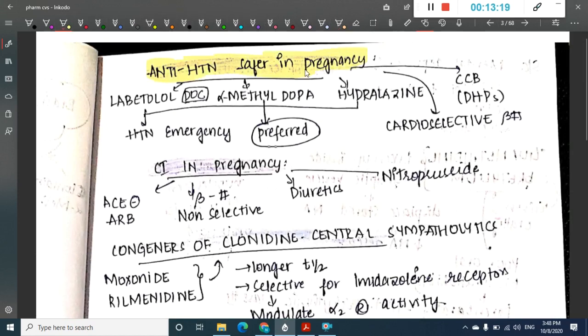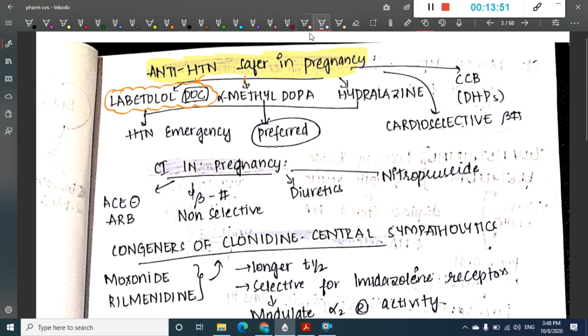Antihypertensives which are safer in pregnancy include, number 1, labetalol. Labetalol is the drug of choice in pregnancy. The others which are safer are alpha methyl dopa, hydralazine, calcium channel blockers in the dihydropyridines, and also cardioselective beta blockers.